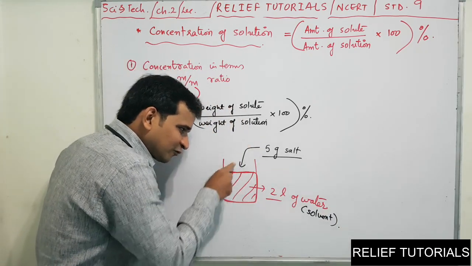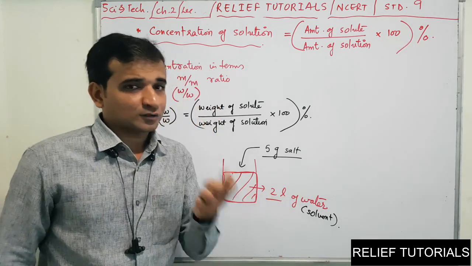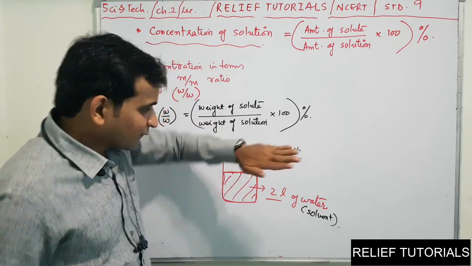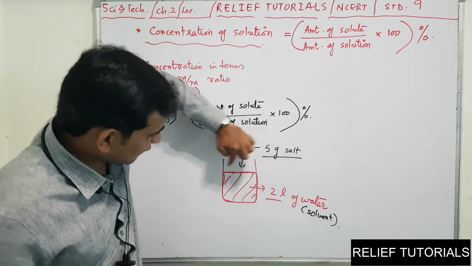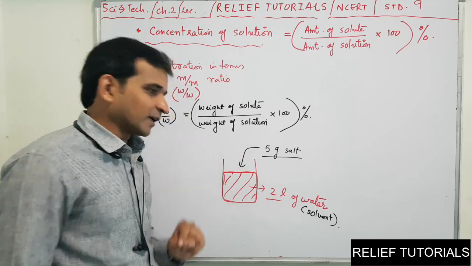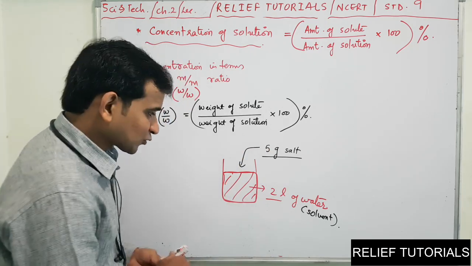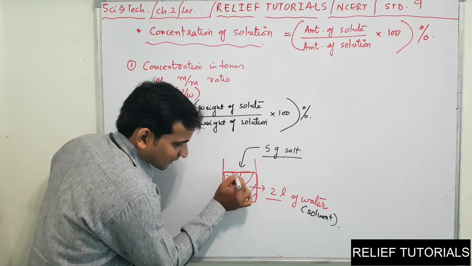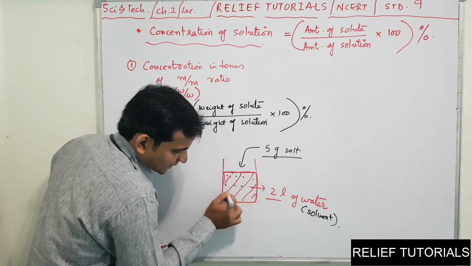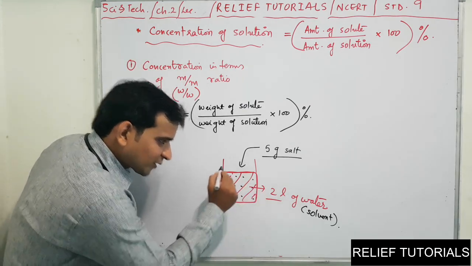Now let us add 5 grams. So will the volume of solvent increase or not? Before adding this, the volume was 2 liters. Now let us add 5 grams of it. I think we have seen yesterday that these salt molecules take the place everywhere inside the solution. Does it increase the total region?